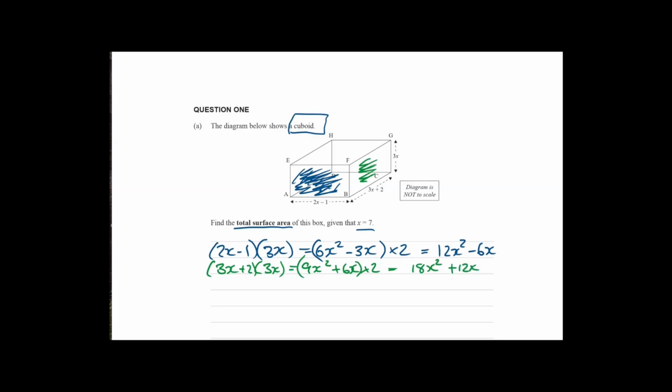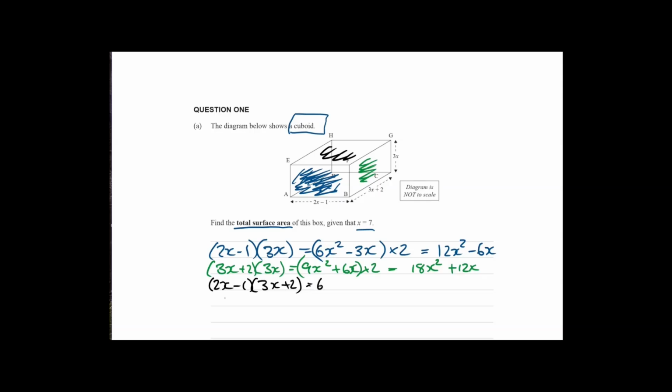And this one is going to be the top, and of course the bottom. So this is 2x minus 1 times 3x plus 2. Then we're going to need to multiply that by 2 again.